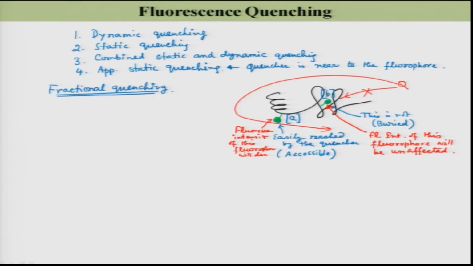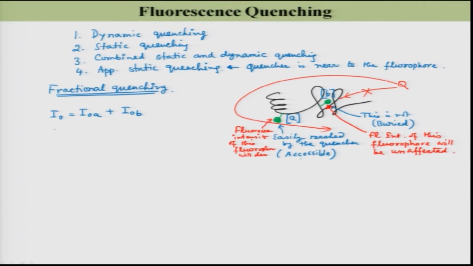Without addition of quencher, when there is no quencher, the total fluorescence intensity I 0 can be written as I 0 of A plus I 0 of B. Now, as I argued, when you add the quencher it will quench the fluorescence of A, but it is not going to quench the fluorescence of B.